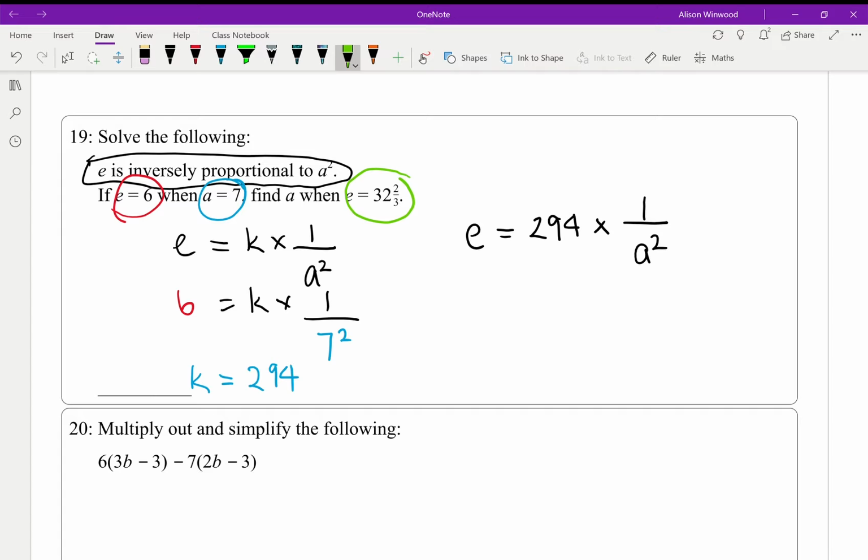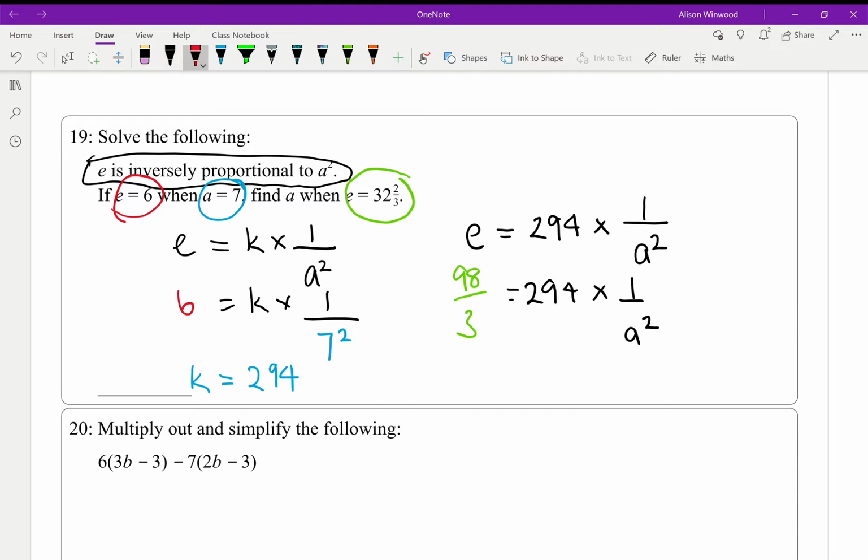It's easiest to have this as an improper fraction, so that's 98 over 3 equals 294 times 1 over a squared.